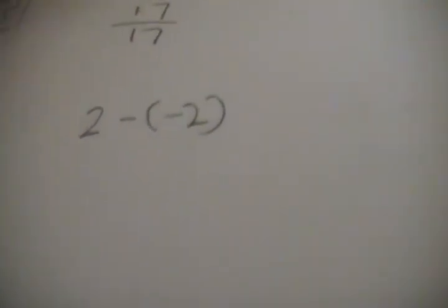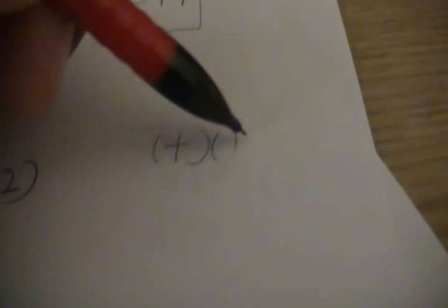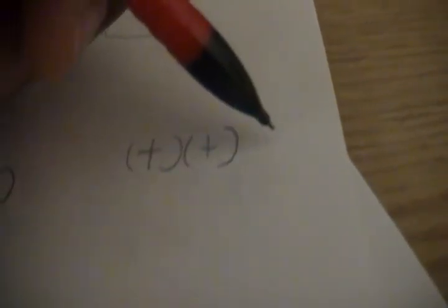Now there's a rule you have to understand here. Okay. When it comes to negative and positive integers, if you multiply two positive integers, you get a positive integer, right? Okay, if you have a positive times a negative, you get negative.